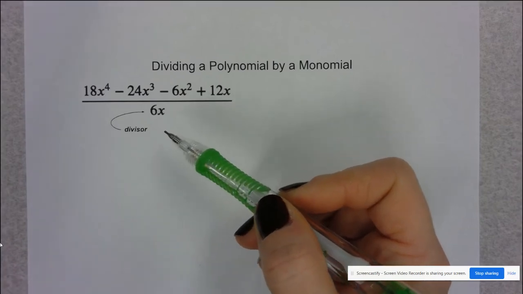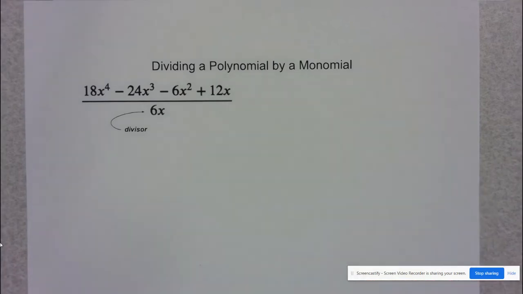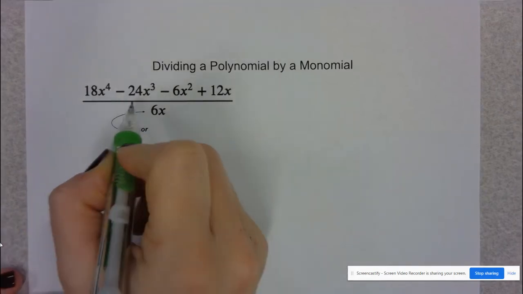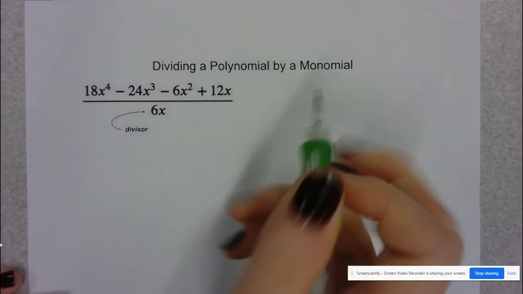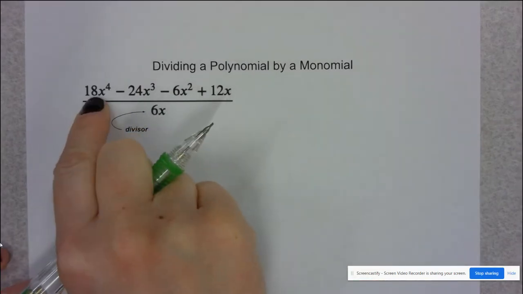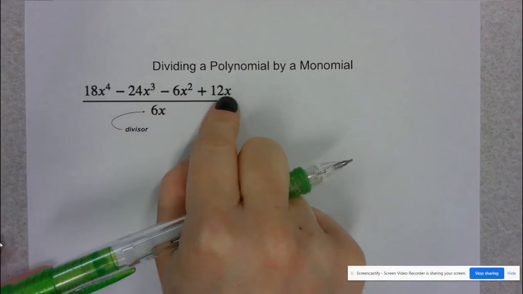So if there is only one term in your denominator, and you are dividing by a monomial, this is a special case where I can split each of these into separate fractions because I can divide 6x evenly into each of these terms.